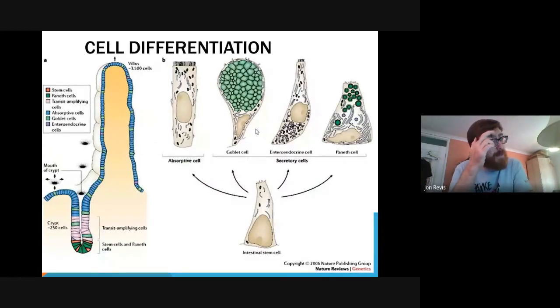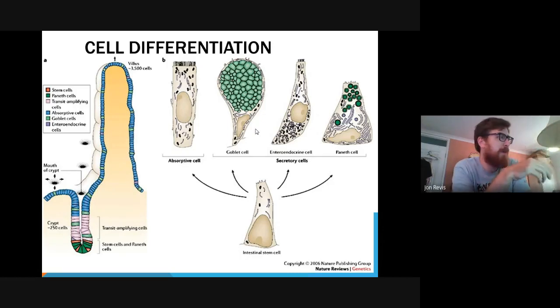Okay, cell differentiation. Even within a structure, it isn't just made up of one type of cell. This is just an example of the intestine. We have these things called stem cells, where the cell hasn't completely specialized, so it's ready to be taken on into whichever part of the system it needs to be changed into.